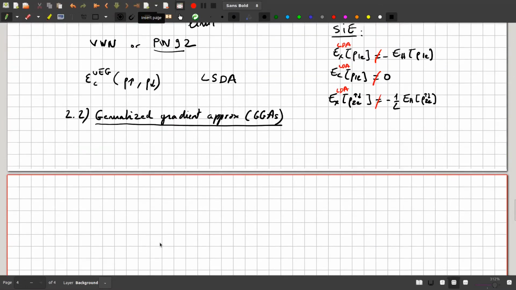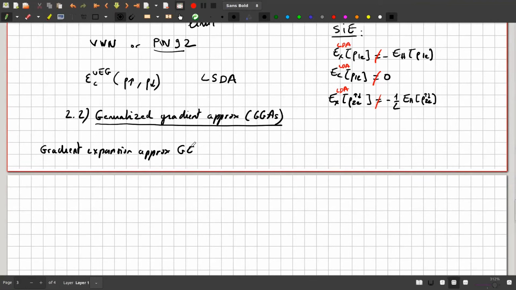Okay, so before, and in fact, the next logical step after the LDA is what is called the gradient expansion approximation, or GEA. Okay, so let me explain briefly this.